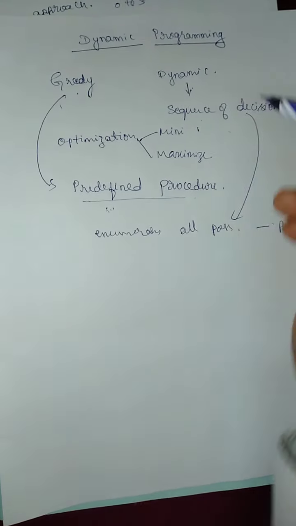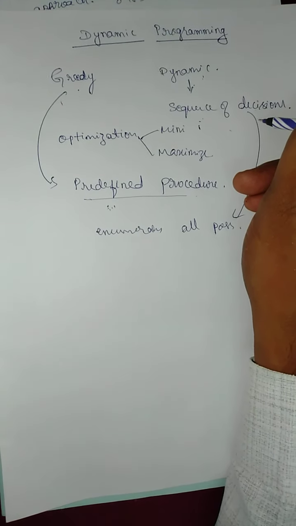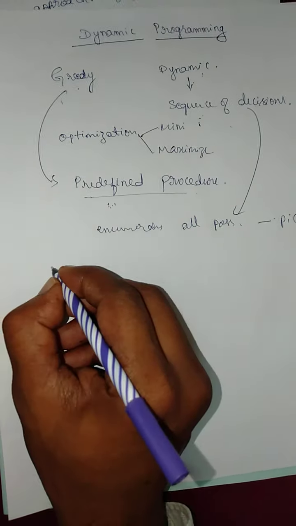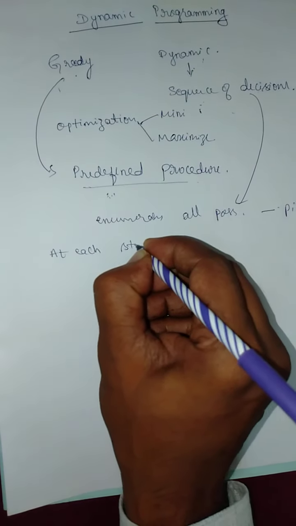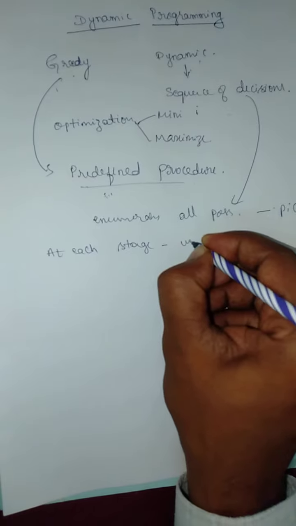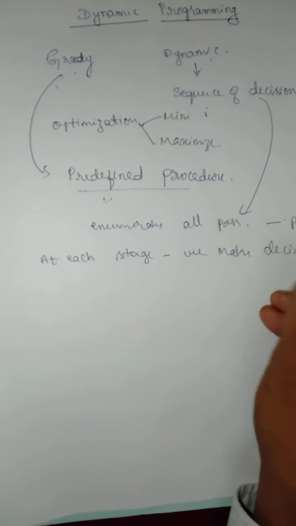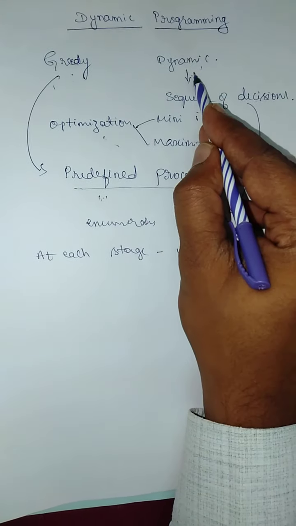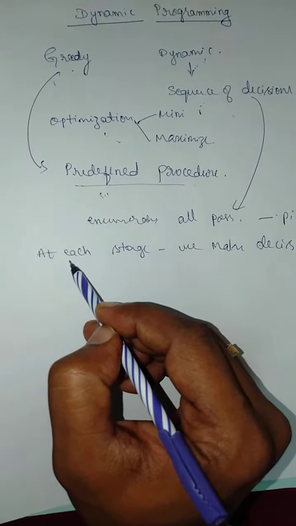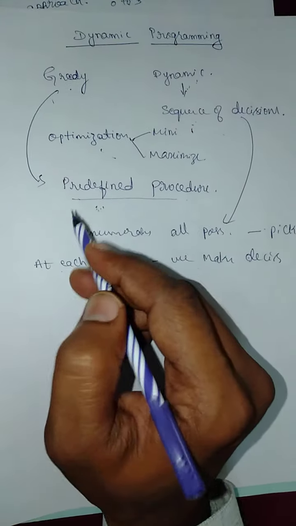However, in dynamic programming, there is a sequence of decisions that is taken. At each stage we make a decision in order to achieve the optimization.